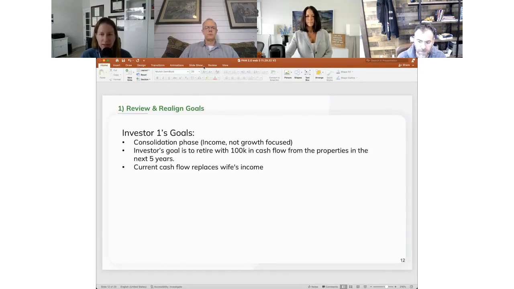He's partially retired, and then also his wife has been able to retire from his current property's cash flow, which is, I think, phenomenal. So they have a family goal of retiring with $100,000 in cash flow on a yearly basis in the next 5 years. So I think that's a very achievable goal. And actually, I think that he can do it sooner than he thinks.